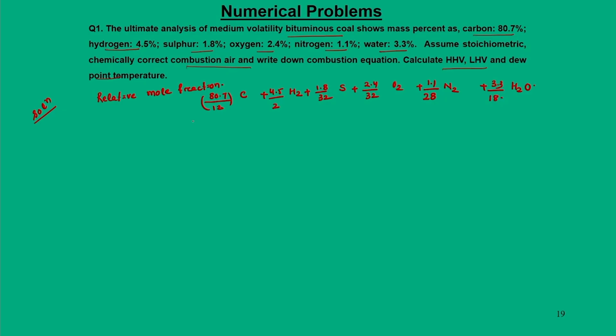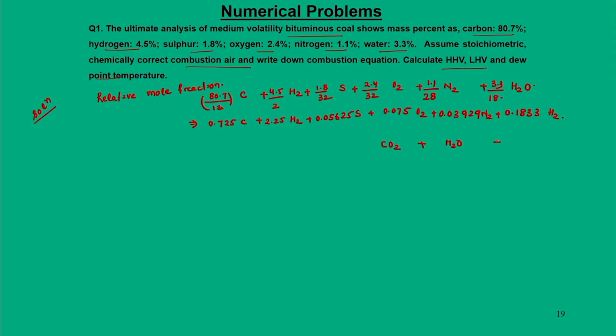If you divide it out, we find it is 0.725 C plus 2.25 H2 plus 0.05625 S plus 0.075 O2 plus 0.03929 N2 plus 0.1833 H2O. For stoichiometric combustion, we get CO2 plus water.